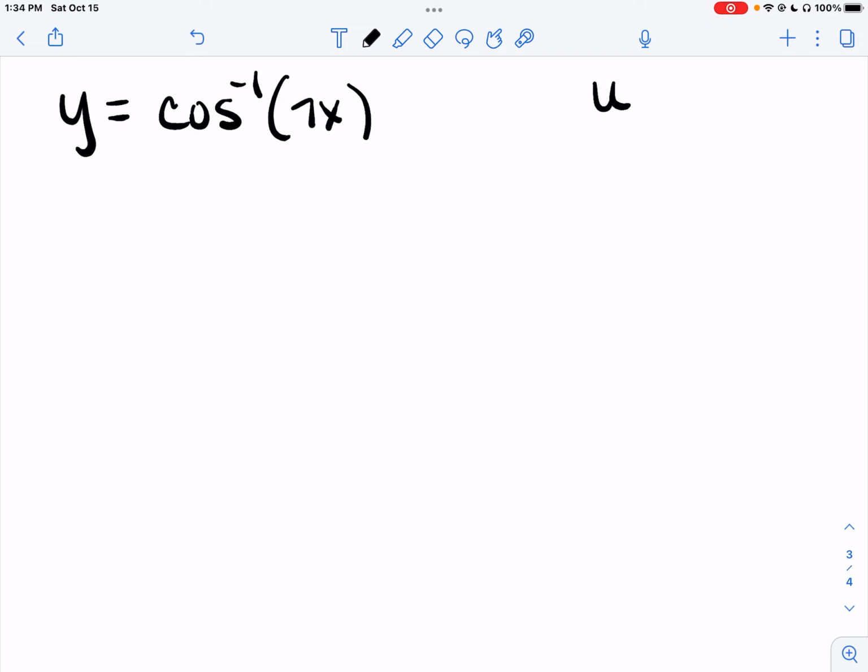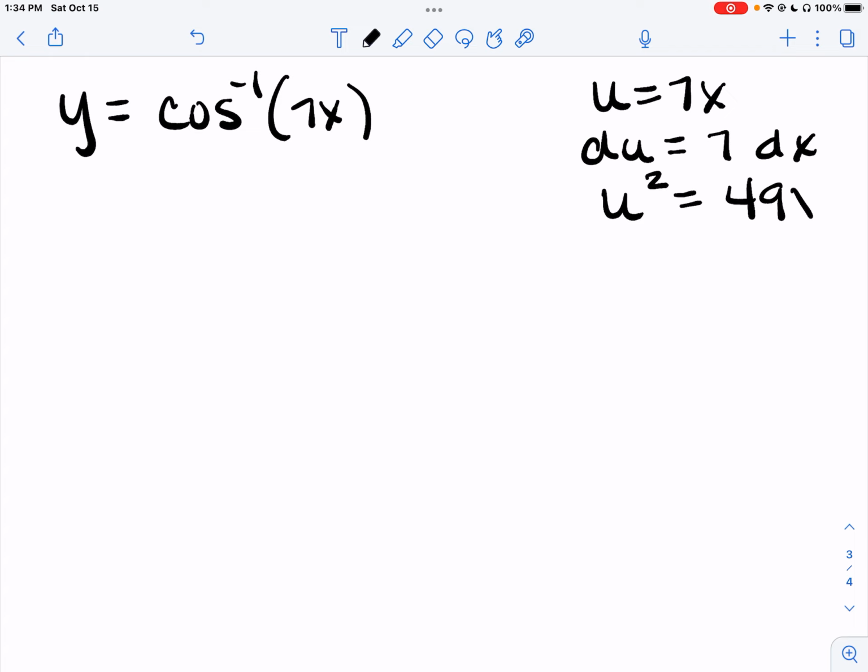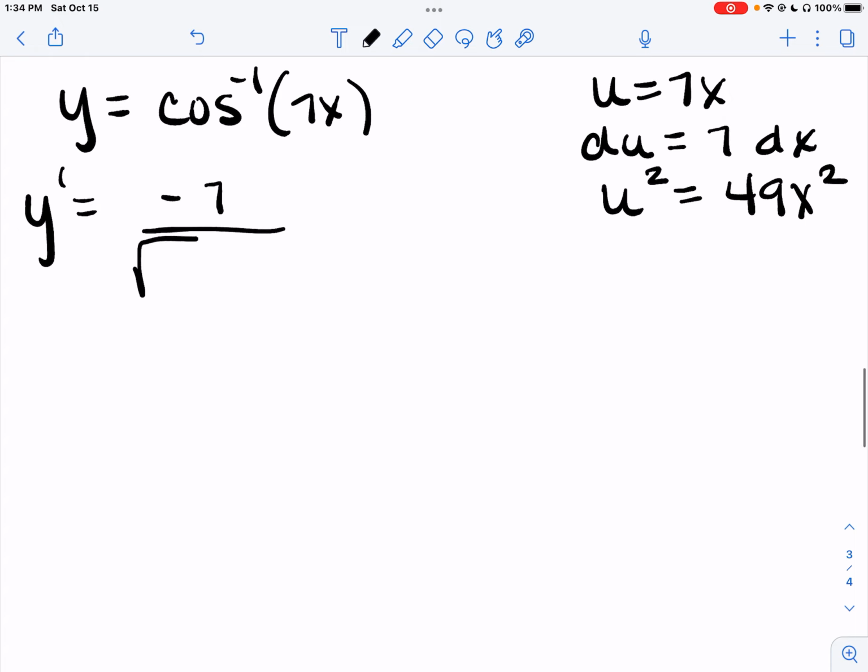Inverse cosine, u, du, and u squared. Okay, the derivative of the cosine is just the negative of the sine.